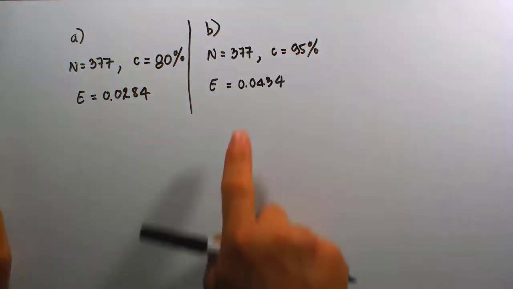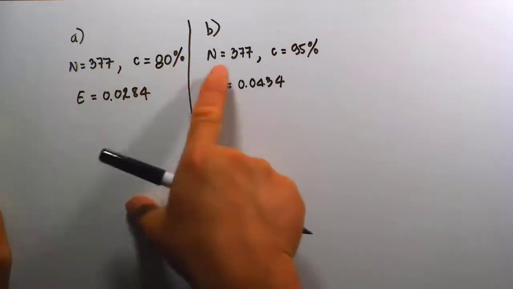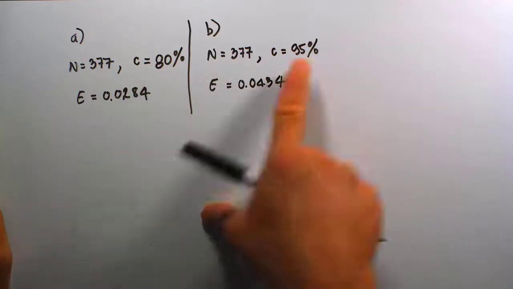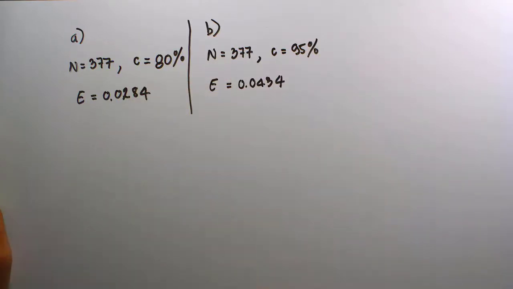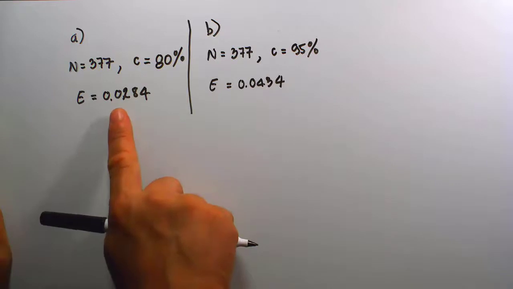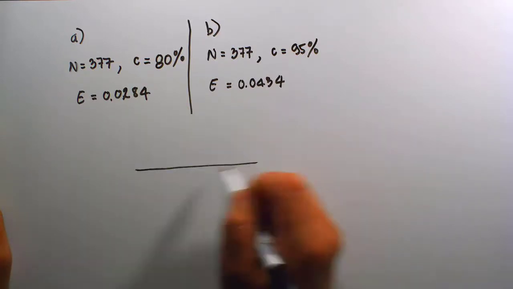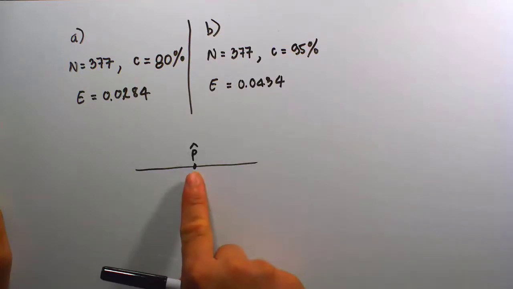So think about, provided that we are using the same sample size here, what is going to happen if we change or increase the confidence level here. Now, the margin of error that we finally came up with represents, let's say, p hat, as we already learned throughout the lecture, and p hat is always in the middle.